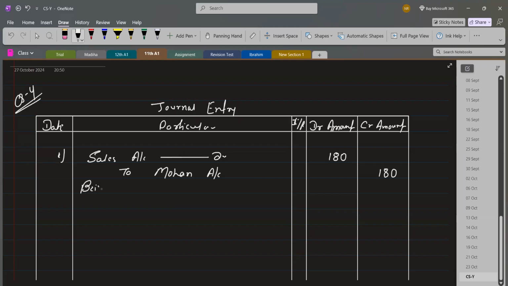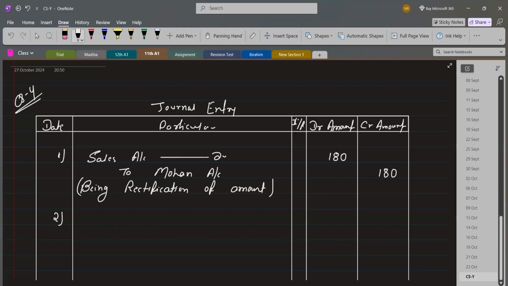That's why we have reversed the account with the difference amount. So this is the rectification entry, or rectification of amount.